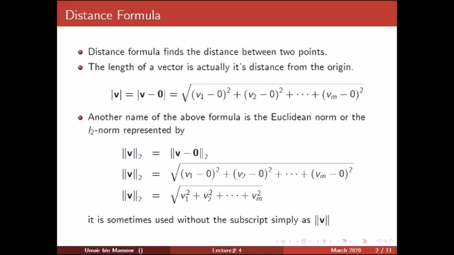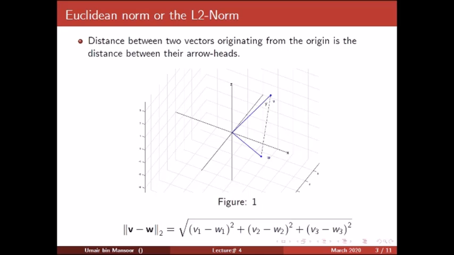Whenever you see a norm of any vector or a matrix without a subscript, it means that we are talking about an L2 norm. So let's move on and look at the explanation of this.